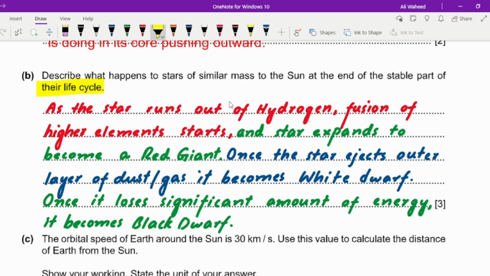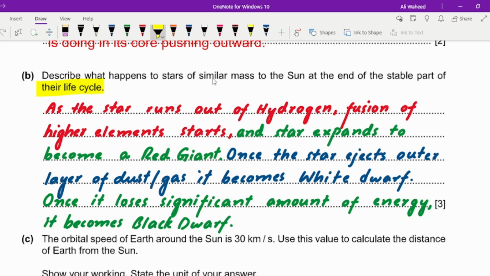Because they are using higher elements, the energy or the force produced in consequence would expand the star, because that force would be much greater than the gravitational force that was trying to compress the star.